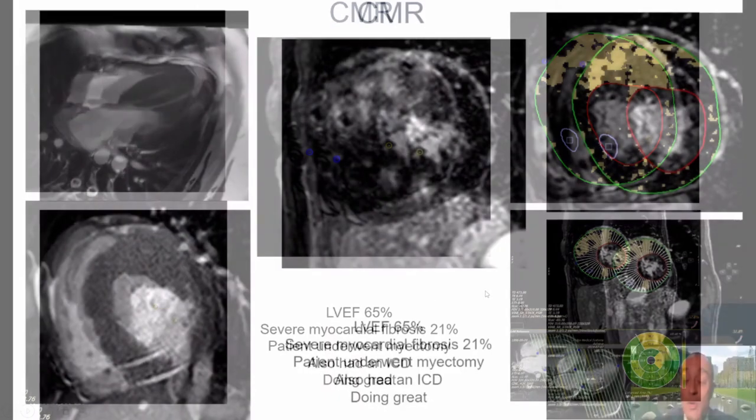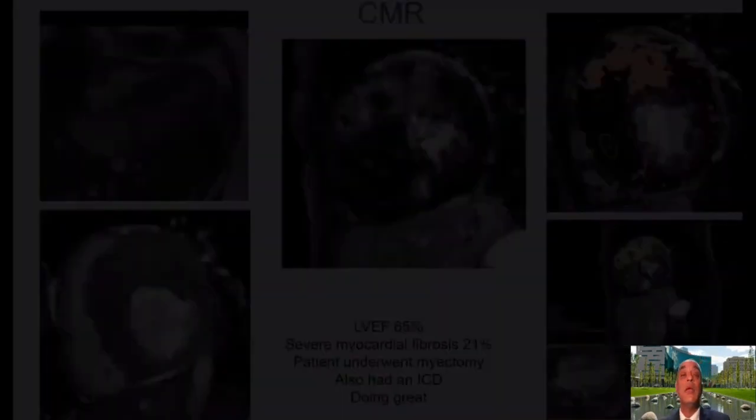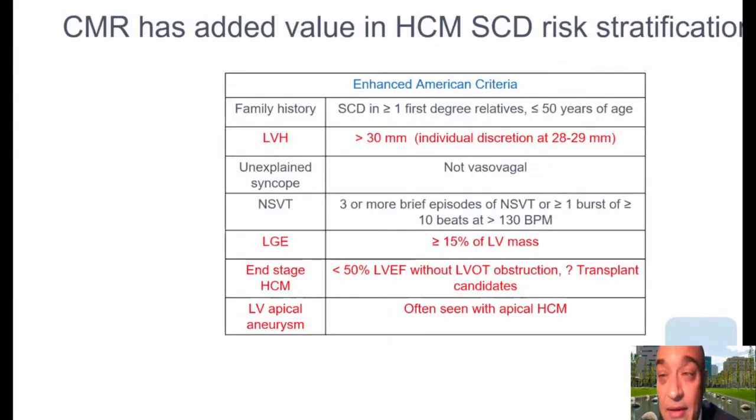This patient I've been following for more than a decade. He's still doing great without any recurrence of symptoms, no ICD discharges. So CMR has added value in HCM sudden cardiac death risk stratification. Imaging is important, but look at the 4 things that I've highlighted in red.